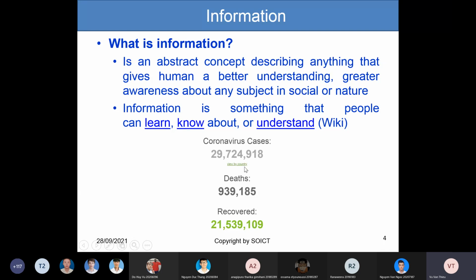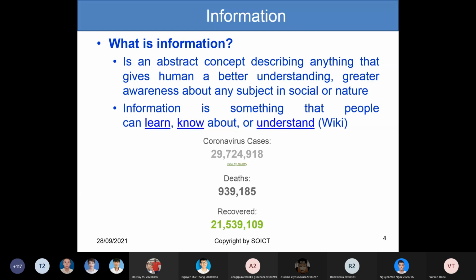Of course, this number was counted last semester, in 2020. At that time, this is information, right? At the day that the number was counted, this is information.